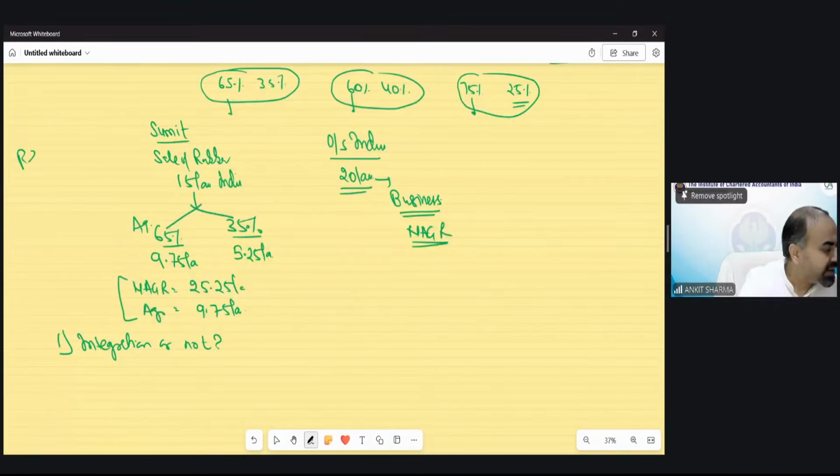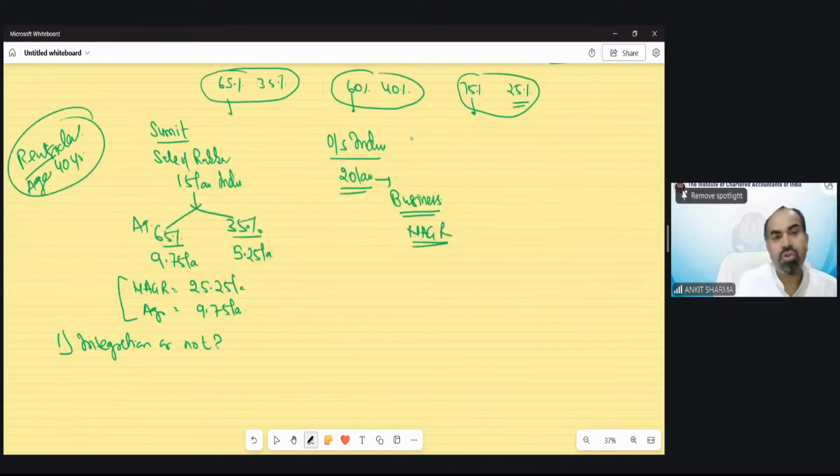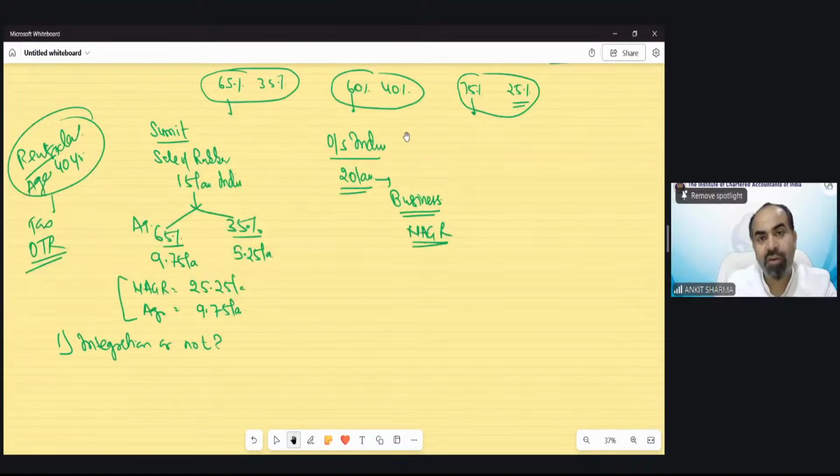He's a resident, and suppose his age is 40 years. Now in this question, I'll ask you to calculate tax as per the optional tax regime. So would the integration provision be applicable or not? First of all, you have to tell me yes or no.